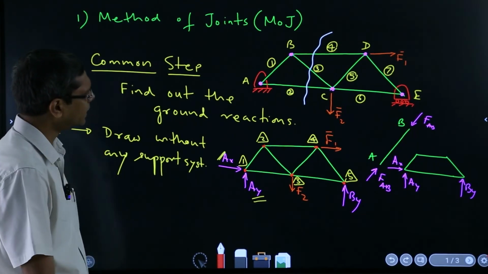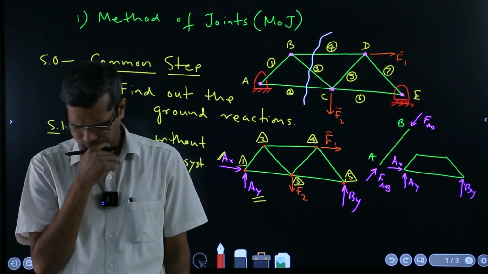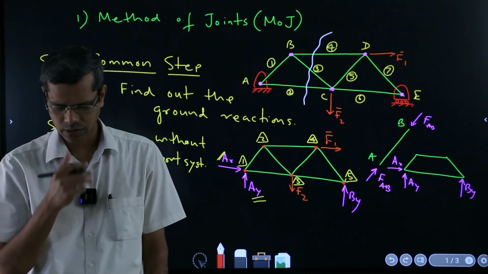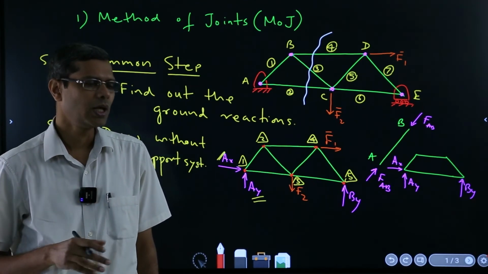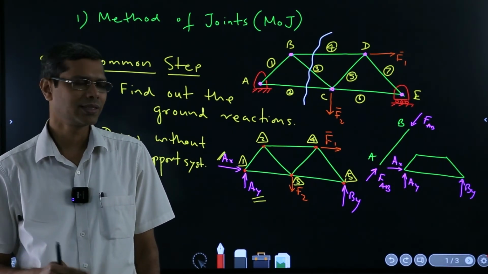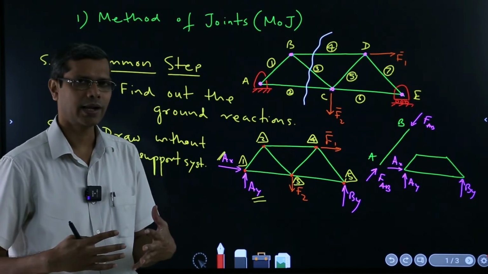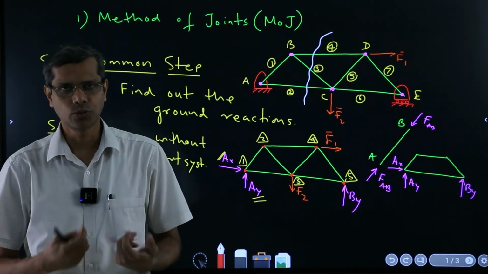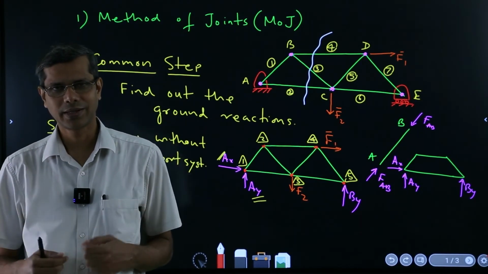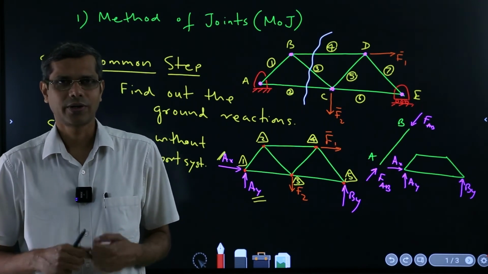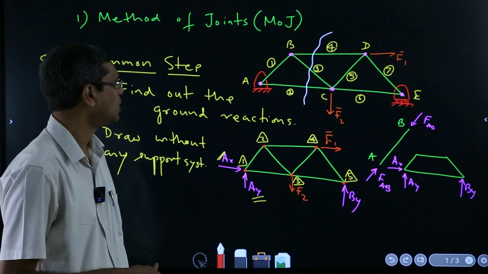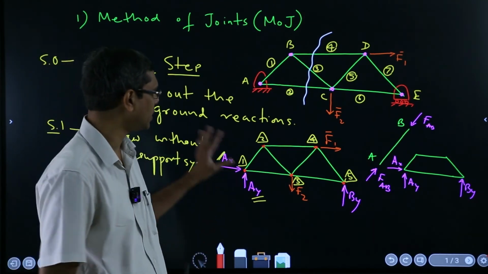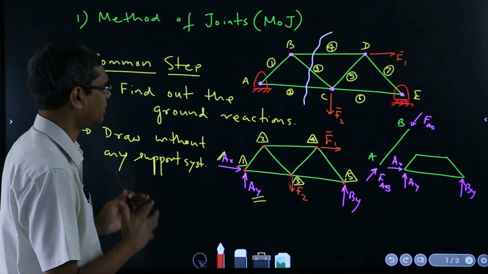There are also some special tricks, which are called the zero force members. We will discuss that in the next segment; with that technique, the solution process will be even faster. But this was about the method of joint and method of section.